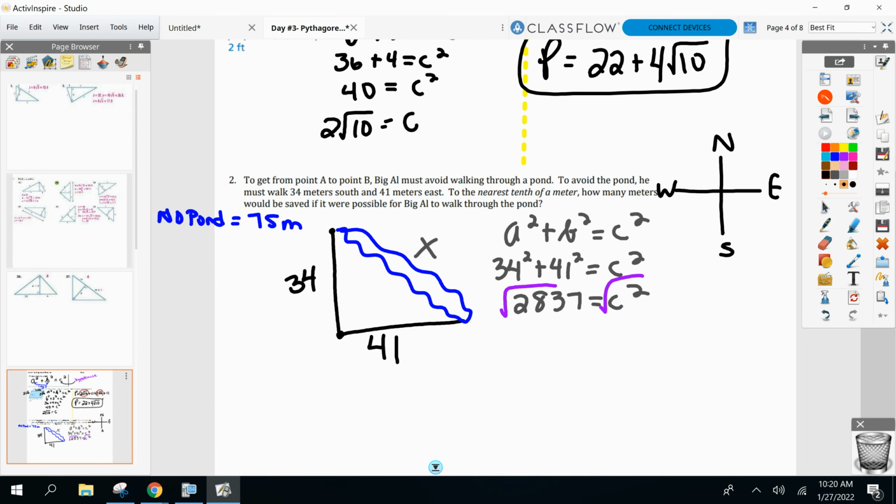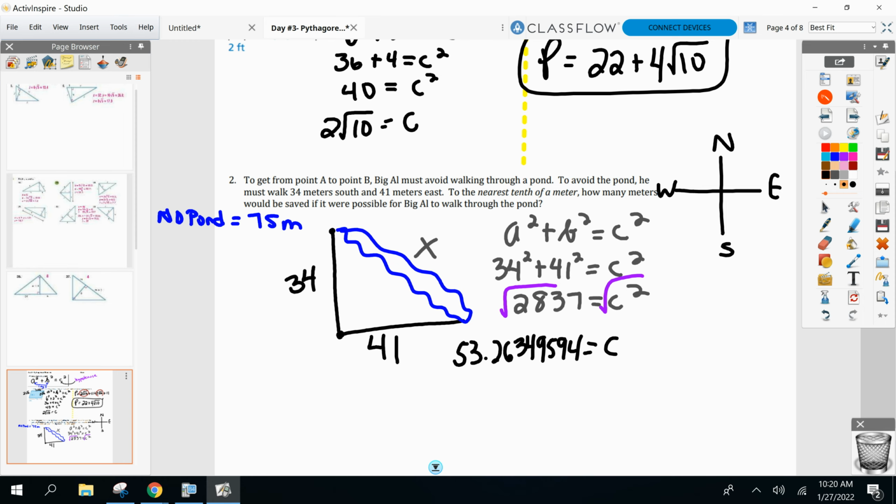The length of the pond is 53.6349594. We don't round squat in this class until the very end of the problem. And I'll tell you why at the end. So that's not our final answer, so I don't round it.